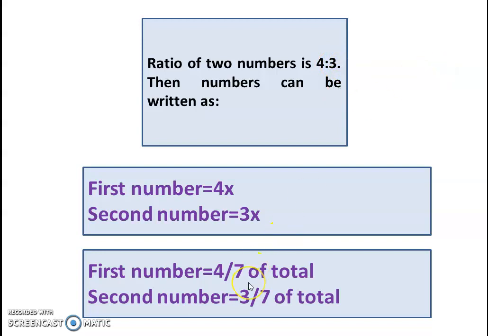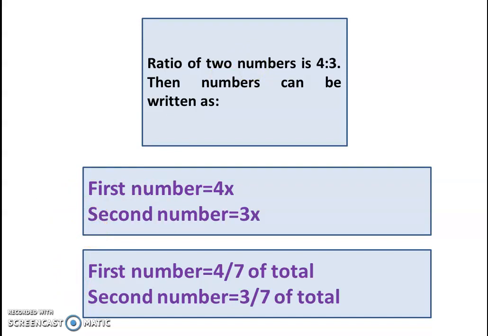When the total is given, we can find the first number and second number. The first number is 4/7 of the total and the second number is 3/7 of the total. Here total means the sum of these two numbers, right? So in this way we can represent given quantities.